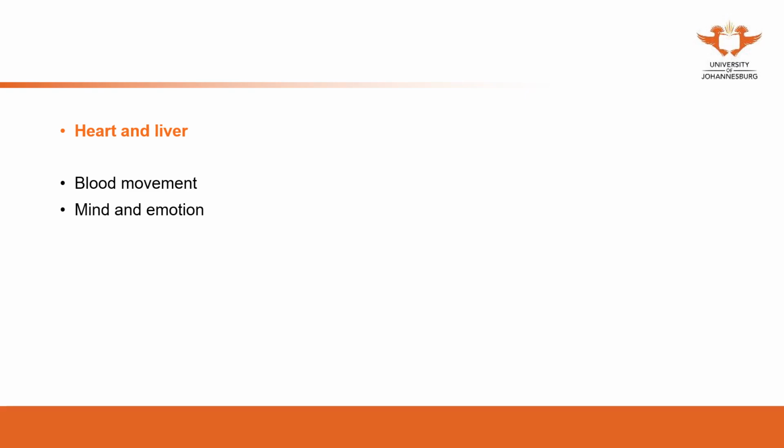The blood also can nourish these two organs. The mind and emotion: the emotion is actually also a kind of mind, because emotion is a kind of feeling, a kind of psychological activity. So these two are actually speaking of the same stuff.